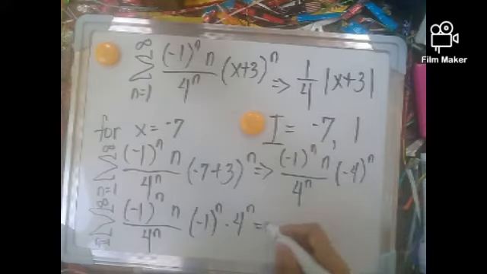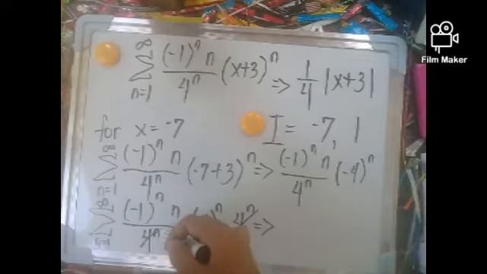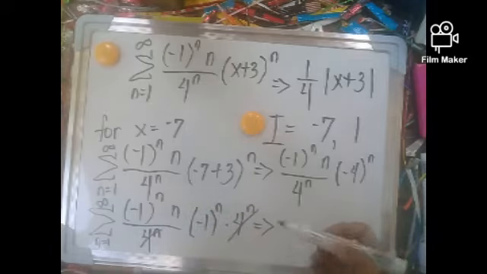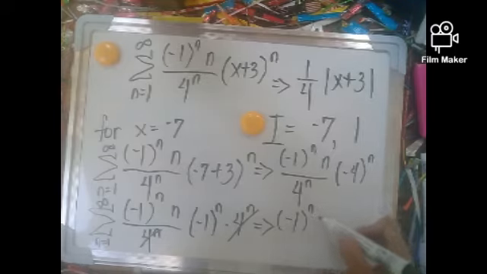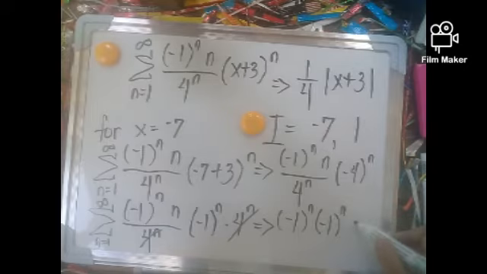We cancel the 4 raised to n. And ang natira sa atin is negative 1 raised to n times negative 1 raised to n times n. So, dito, itong negative 1 raised to n and negative 1 raised to n, ang magiging value niya is negative 1 raised to 2 times n, which will be equal to 1.